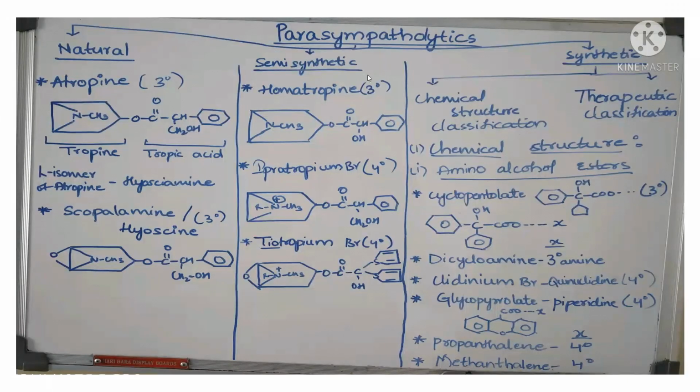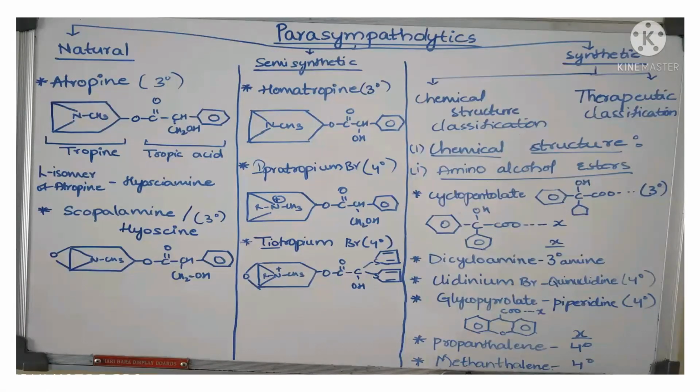Next, semi-synthetic. Under this we get homatropine, ipratropium bromide, and tiotropium bromide. Homatropine is a tertiary amine, ipratropium is quaternary, and tiotropium is also quaternary. Here we can check the drugs ending with -ium, like tropium. For example, ammonium means it is a quaternary compound.